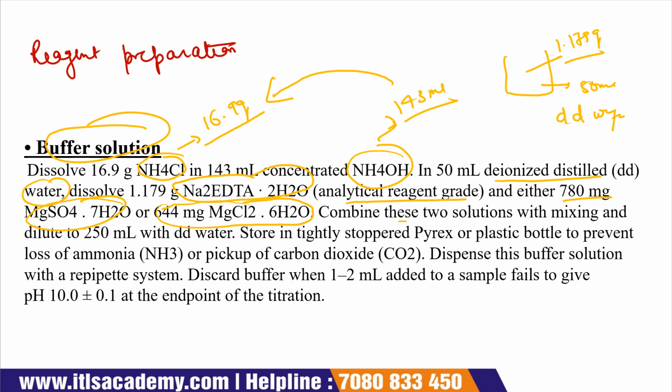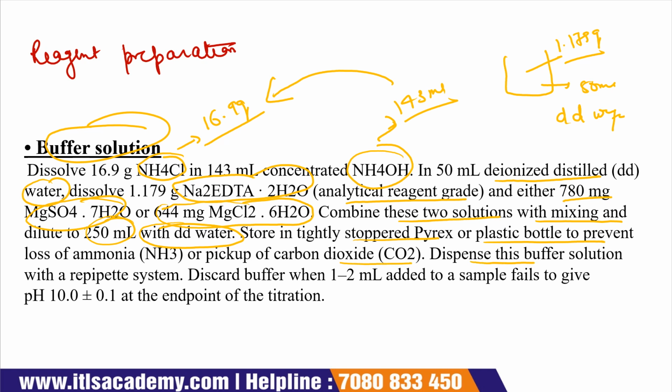Now combine these two solutions with mixing, and then dilute with deionized distilled water, 250 ml. Now we have to store it in a stoppered Pyrex or plastic bottle, so that we prevent the ammonia from picking up carbon dioxide.